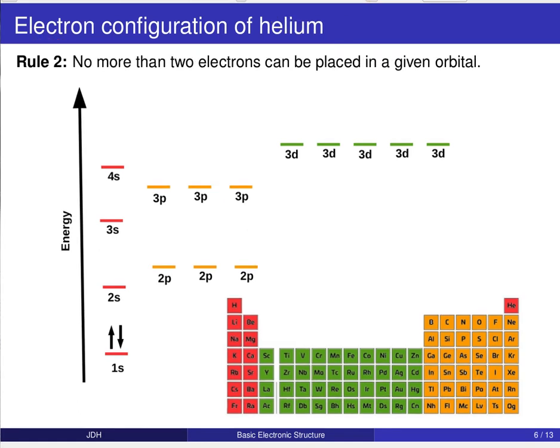Okay, now moving on. Let's say we move beyond hydrogen to our next simplest element, helium, where we now have 2 electrons. So now the next rule that we need in order to define electron configurations says that no more than 2 electrons can be placed in a given orbital. Each orbital, each line here on this energy diagram, can accommodate at most 2 electrons.